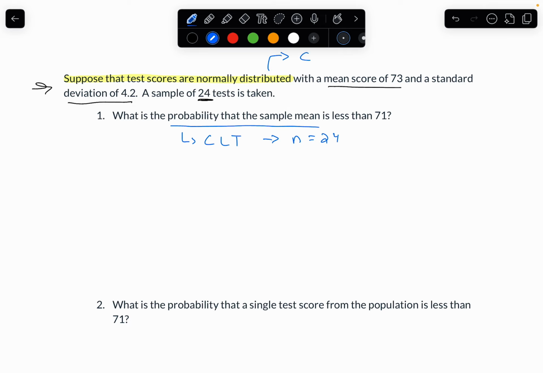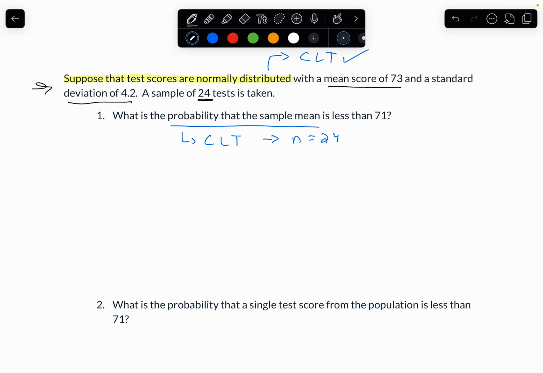This means that the central limit theorem will apply. We will get to use it because our underlying population is normally distributed. So at this point, we've established that the central limit theorem will work. The sampling distribution of our x bars, of our sample means, will be normal.